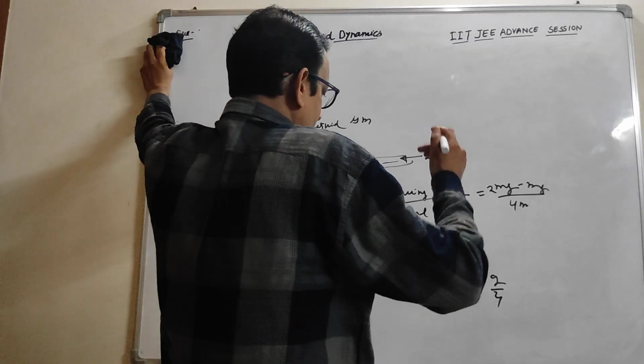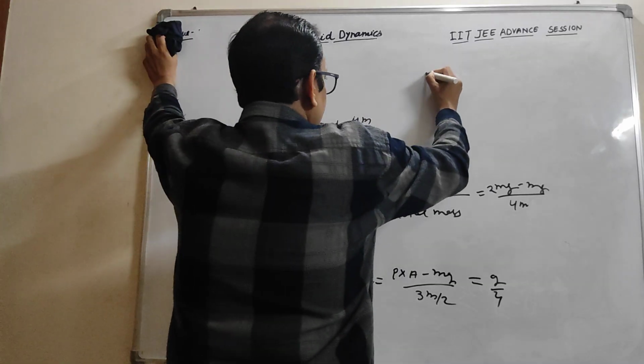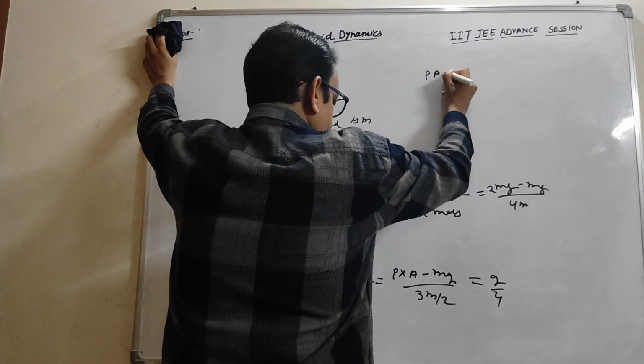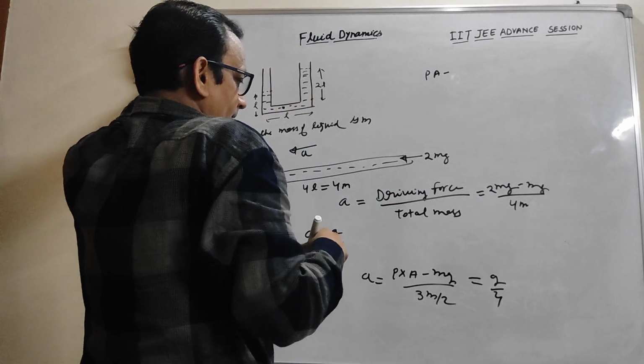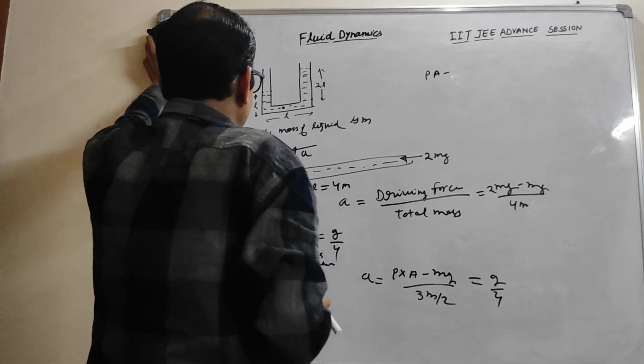M is equal to PA minus mg. Mass is equal to volume into density.